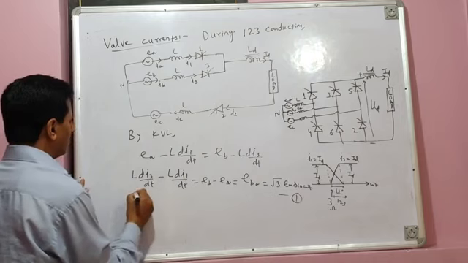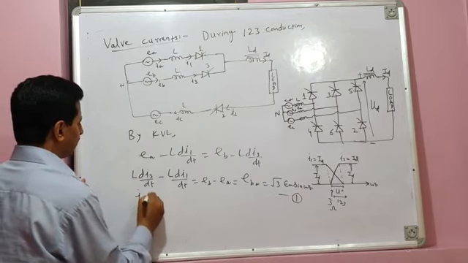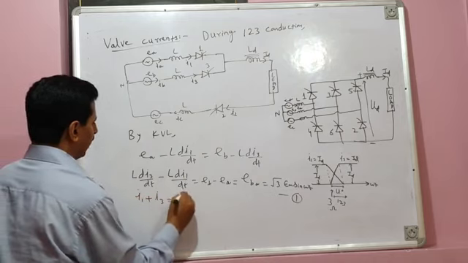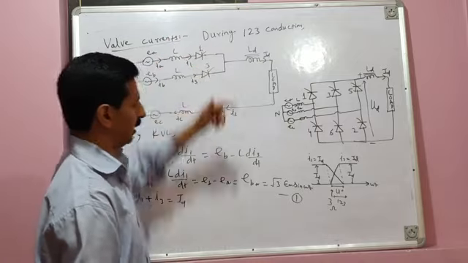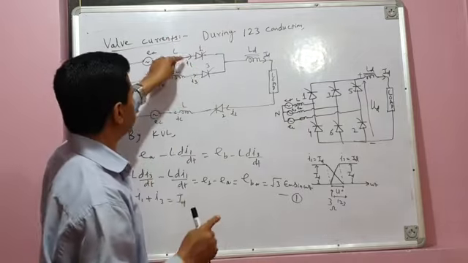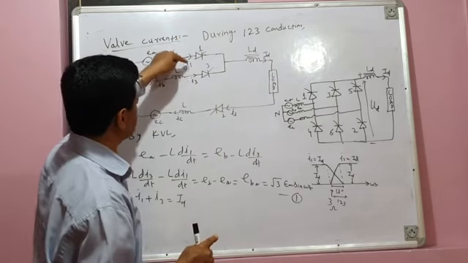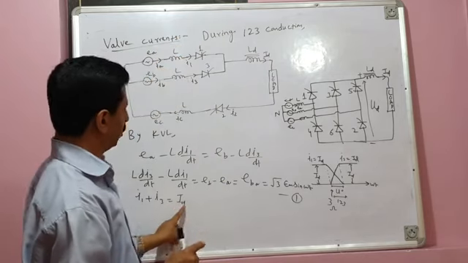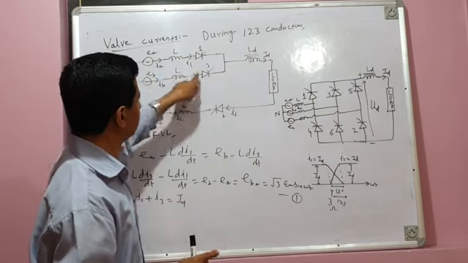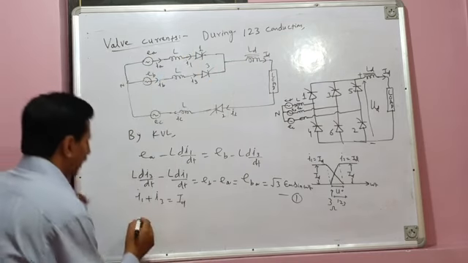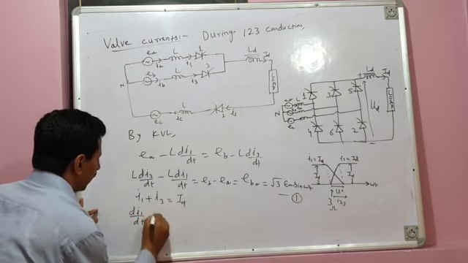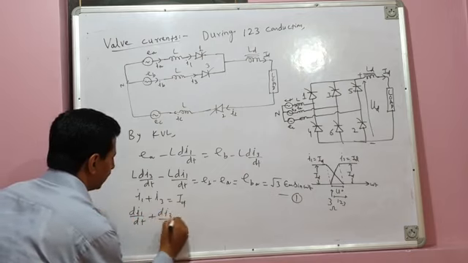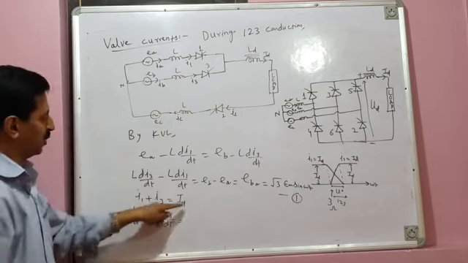We also know I1 plus I3 is equal to ID. Valve 1 is conducting, valve 3 is also conducting during commutation overlap, and the sum of the two valve currents or two phase currents, I1 plus I3, is equal to the load current ID. If I differentiate this, di1 by dt plus di3 by dt, what is the differentiation of ID?